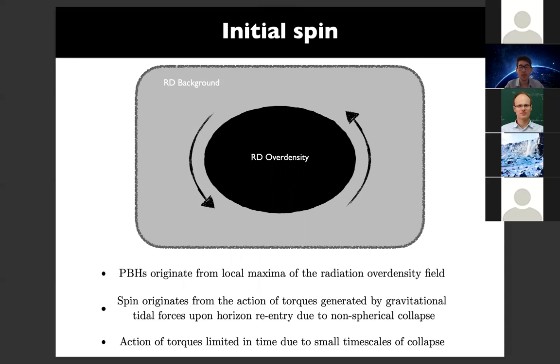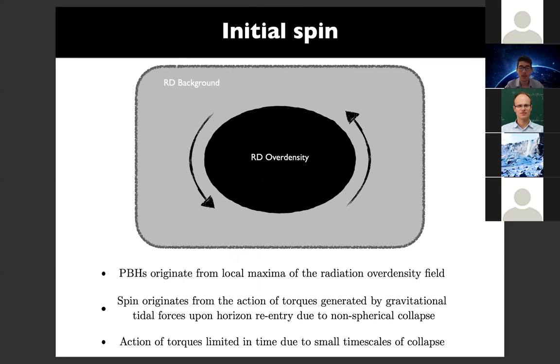And according to the known peak theory, those peaks are expected to be basically spherical. However, there might be asphericities during the collapse, which may lead to the formation of a spin for the consequent black hole due to the action of torques originated from the surrounding perturbation.